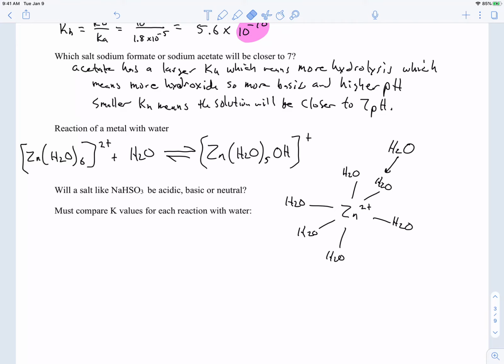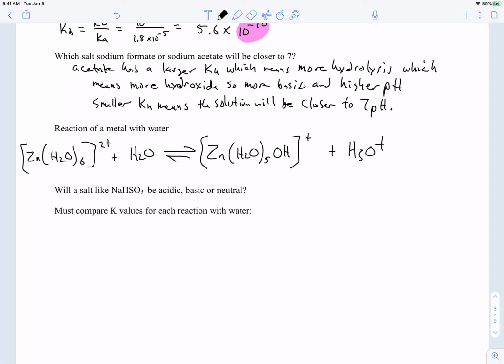The water molecule that we have here grabs one of the hydrogens, and we get a hydronium. Again, this doesn't happen a lot. It has a small Ka. Nevertheless, solutions of transition metals tend to be acidic because they react with water to form hydronium.